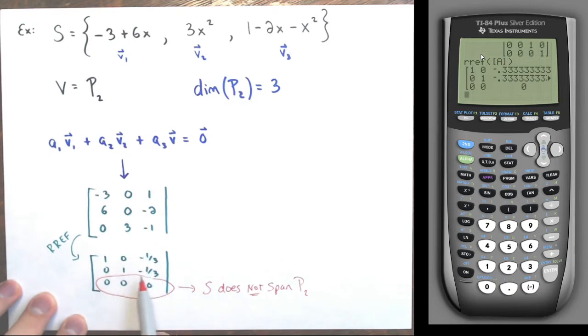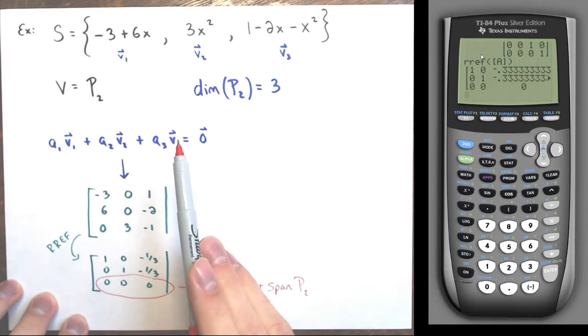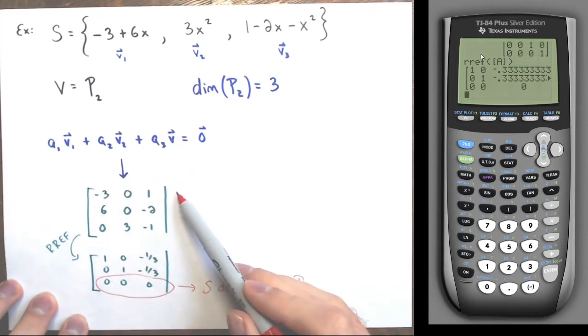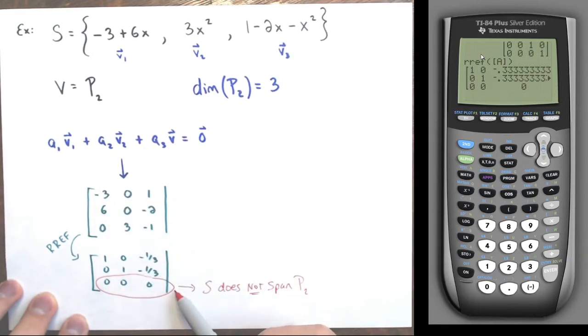Because if you were looking at any vector from P2 and had like V1, V2, V3 over here on this side, there'd be some vector out there such that this entry here was not 0, and then you'd have no solution to the system. So there'd be some vectors out there that couldn't be written as a linear combination of these three. So S does not span P2, so already we know it's not a basis.